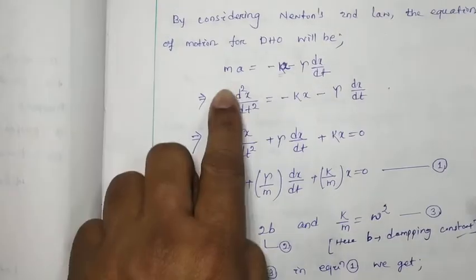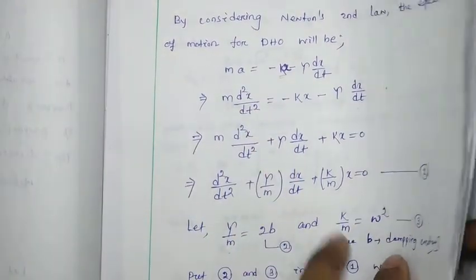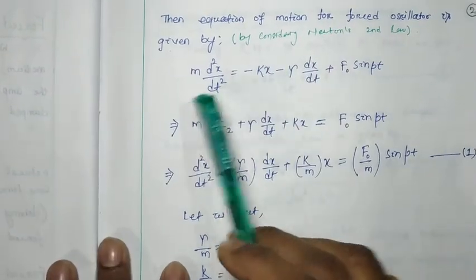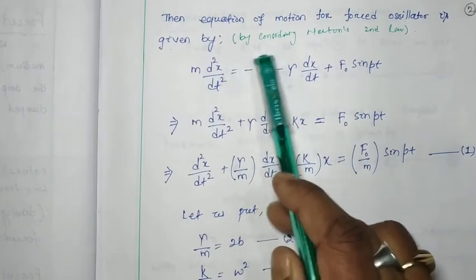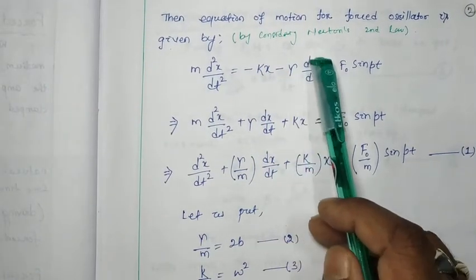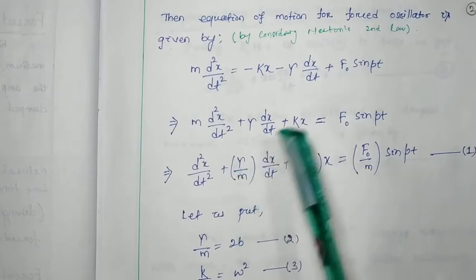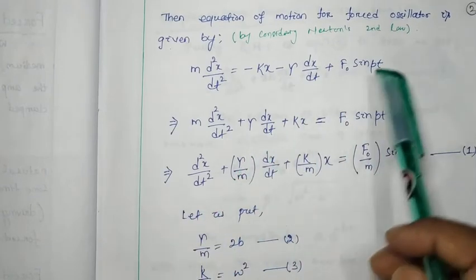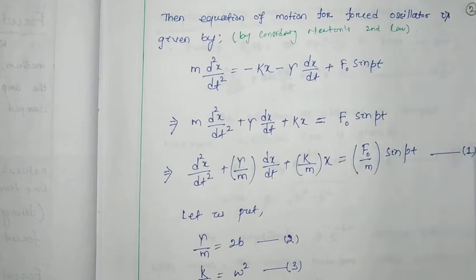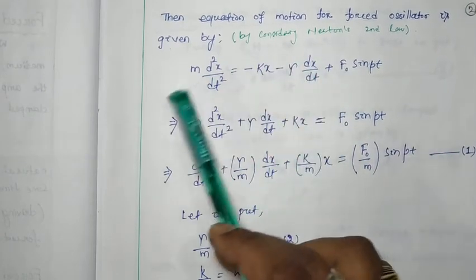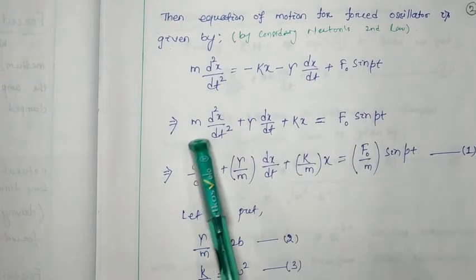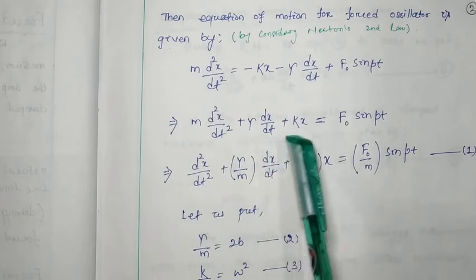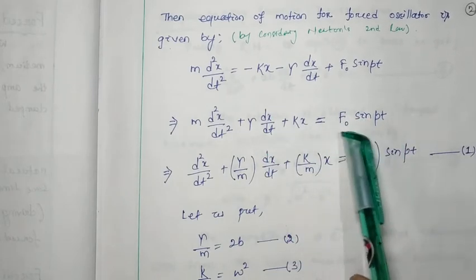So m d square x by dt square is equal to all the forces: minus kx, the restoring force; minus gamma dx by dt, the damping force; plus F0 sin pt, the external force. Taking these two terms to the left side, we get m d square x by dt square plus gamma dx by dt plus kx equal to F0 sin pt.